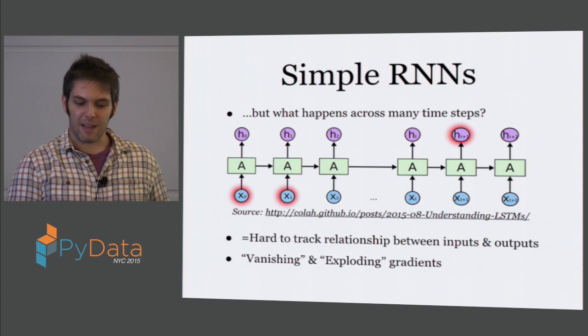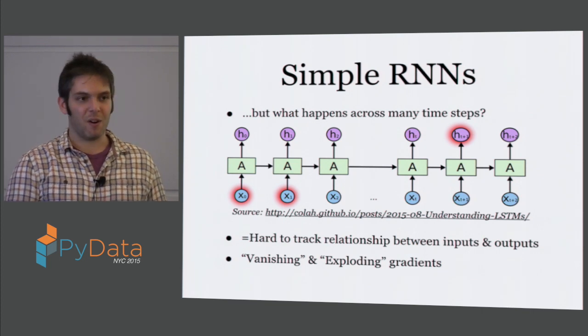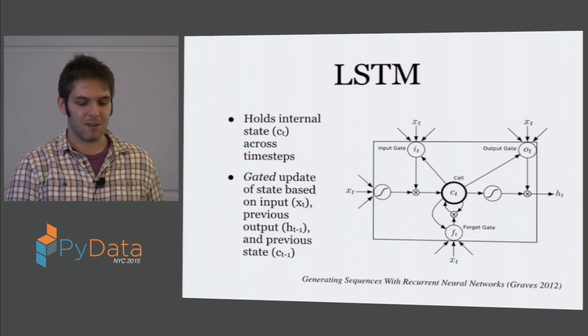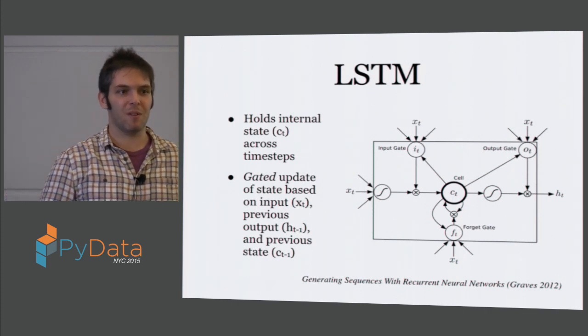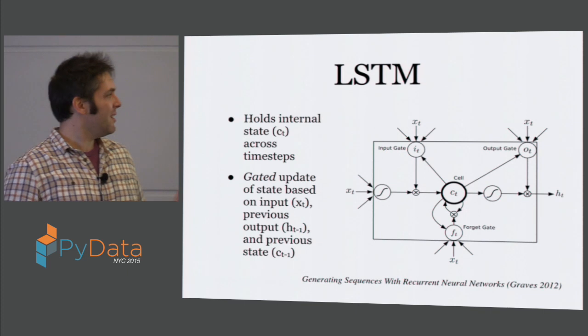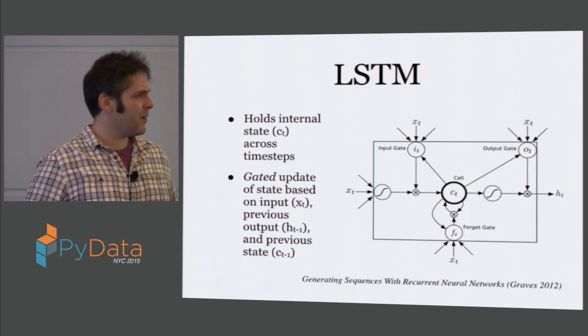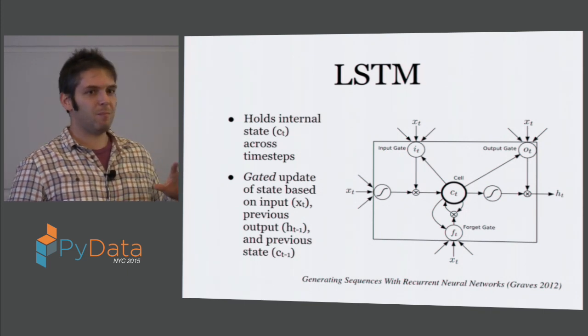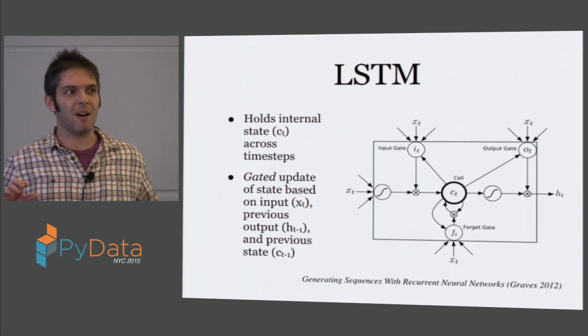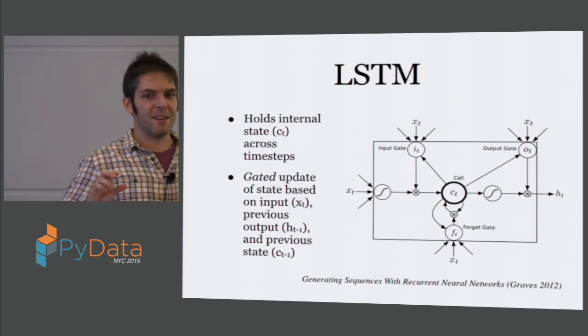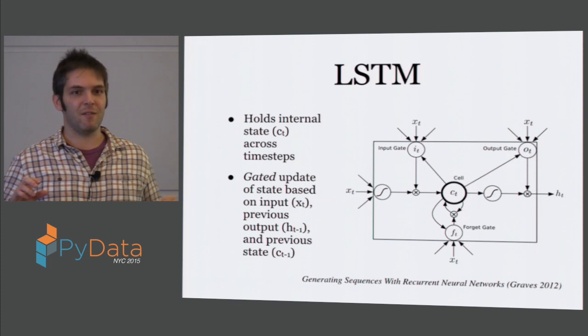A key innovation in getting recurrent neural networks to work more generally actually happened a really long time ago. It's this thing called the LSTM, the long short-term memory. The first papers on the LSTM came out in the 90s, and they had a really neat innovation.